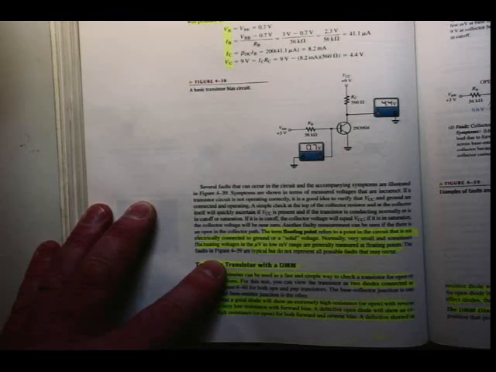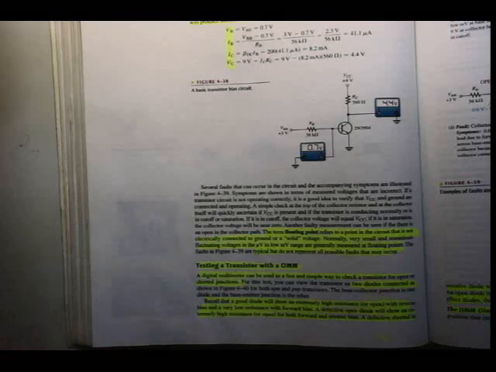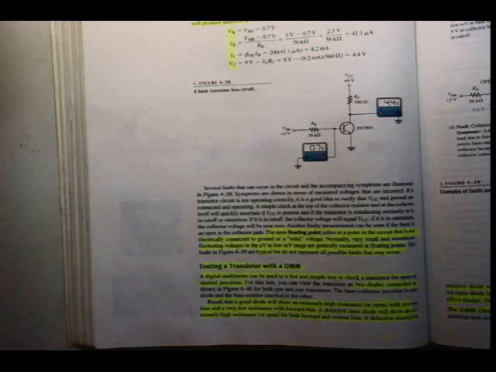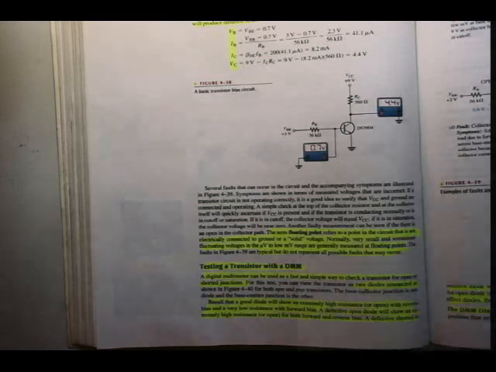Figure 4-39 shows typical faults, but they do not represent all possible faults that may occur. So let's have a look at the faults quickly, and then we will discuss how to test a transistor with a digital multimeter.